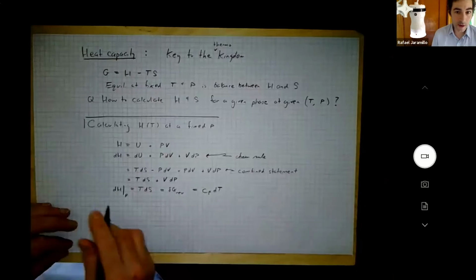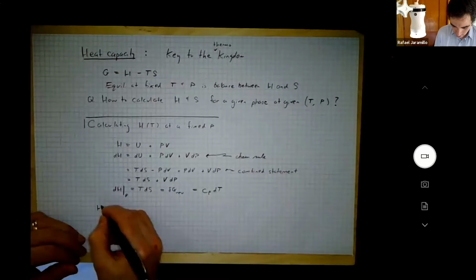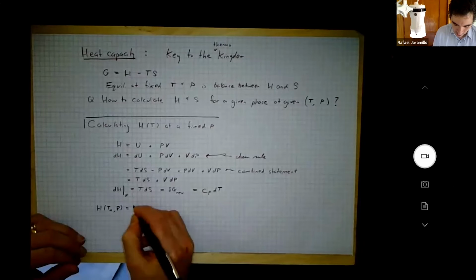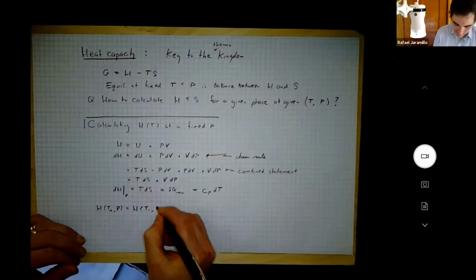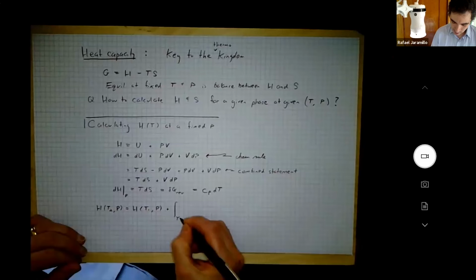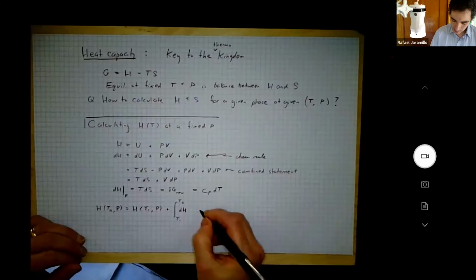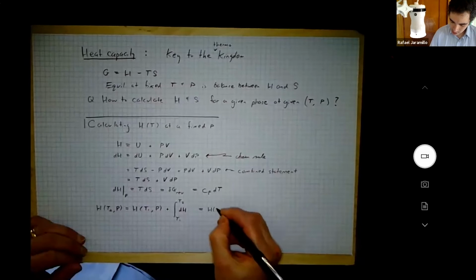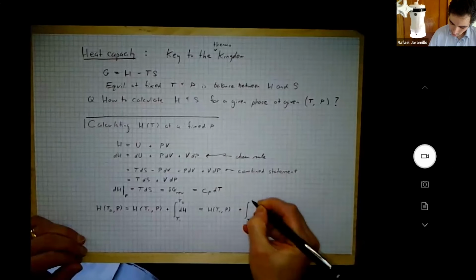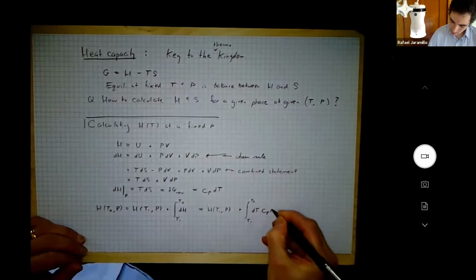So what that means, we're going to use the fundamental theorem of calculus to express enthalpy at some T2 at fixed pressure as the enthalpy at some T1, the same pressure, plus the integral from T1 to T2 of the total differential dH, and plugging in from above, this equals H(T1) at P plus the integral from T1 to T2 of dT Cp(T).